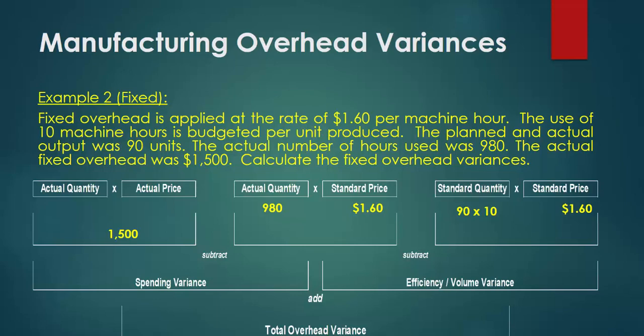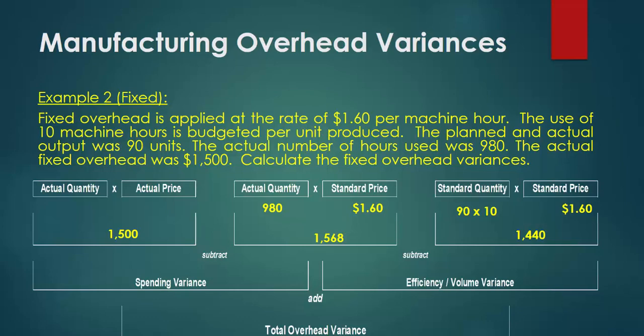Then it says calculate the fixed overhead variances. I know the number for my first subset. My second subset is the actual quantity times the standard price, 980 times 1.60, and that gives me $1,568. And then my third subset is standard quantity of 900 times standard price of $1.60. And when I make that calculation, I get 1,440.